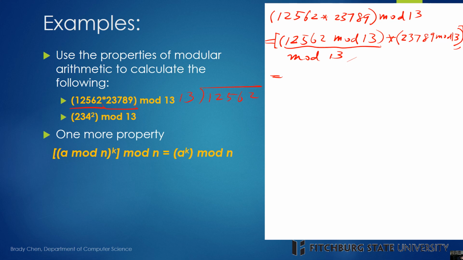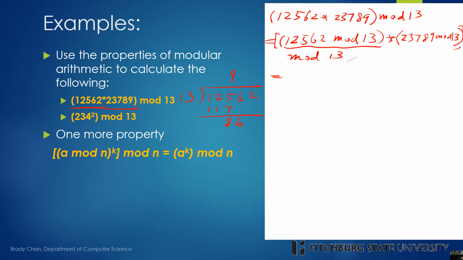We put the 9 here, and 13 times 9 is 117. Then we do the subtraction: 125 minus 117 is 8, and we bring down the 6 to get 86.